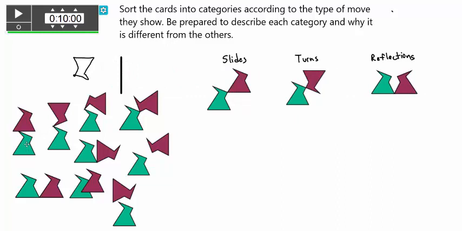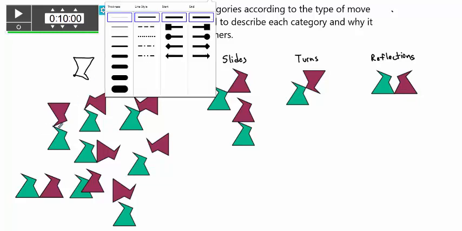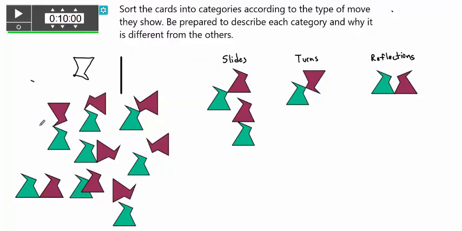This one, starting with the green, is just sliding straight up. So that's a slide. This one, we have another reflection with a line of reflection right here. So that's a reflection. This one looks like it's turning counterclockwise with the center of rotation right here at this point.